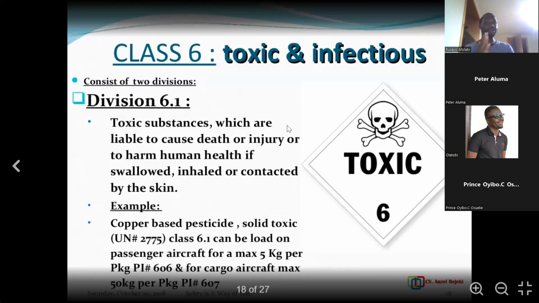This is majorly how the IMDG code works, because it cannot come in here and tell you every single danger of tear gas, whereas there are 1,001 that have that same tear gas. So what it's trying to do is classify all of them into nine different classes.